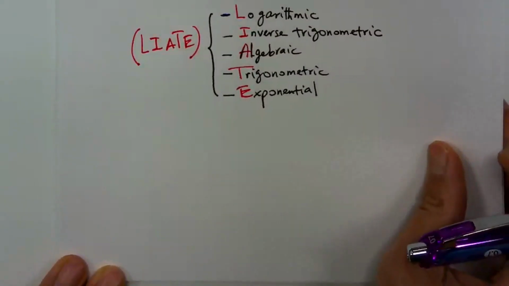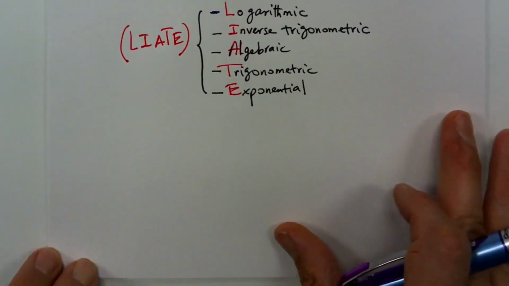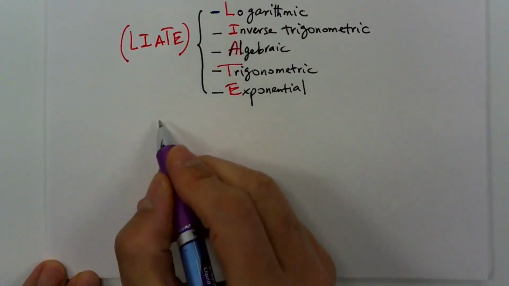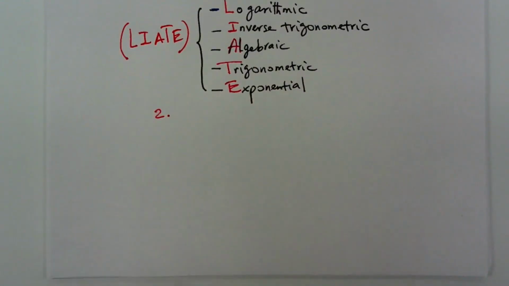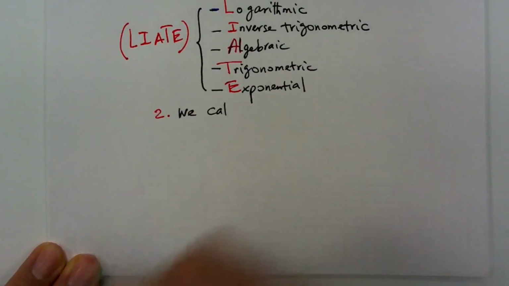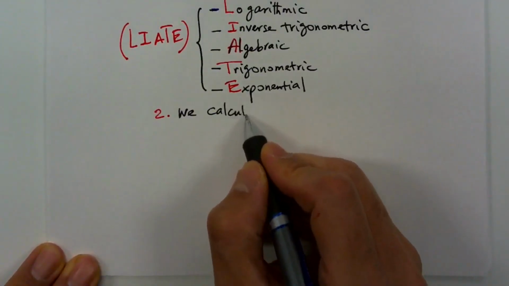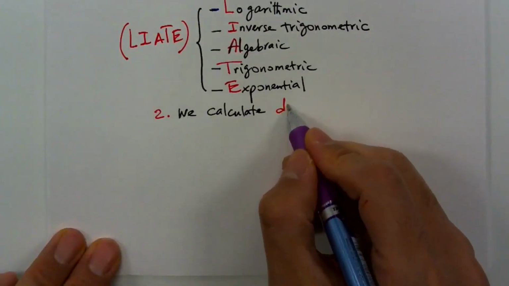Once we pick our u, the function that is going to act as u, the second step is, and I'll try to fit all these steps on this page, we calculate du. We calculate the derivative of that function.